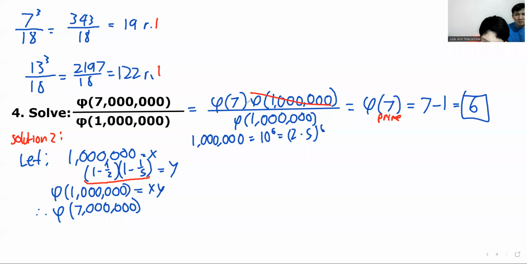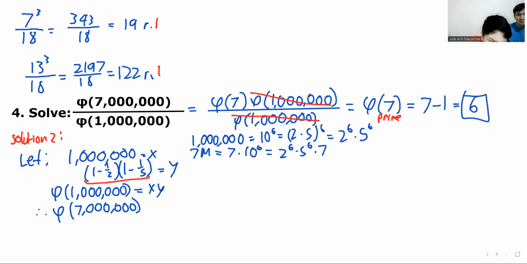So by the distributive property of exponents, 2 to the 6 times 5 to the 6. And then 7 million, I'll just abbreviate, is 7 times 10 to the 6, or 2 to the 6 times 5 to the 6 times 7.